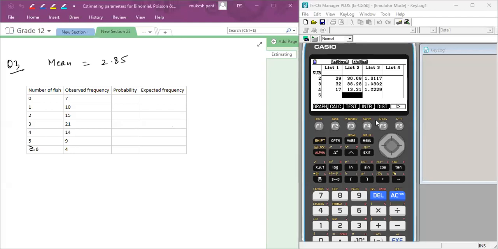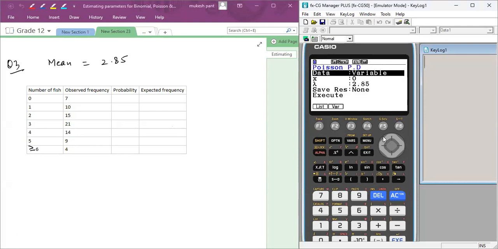For Poisson distribution, press F5. There is a Poisson PPT. First of all, we have variable 0, then 1, 2, 3, and we have to find until 6, right? So the parameter is 2.85. This is the estimated parameter. You write 2.85 here, then execute.